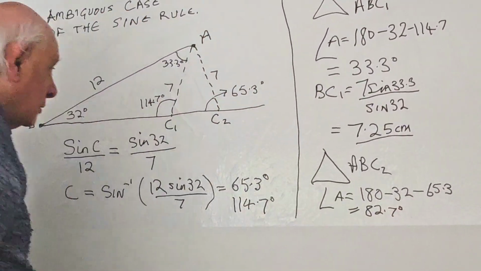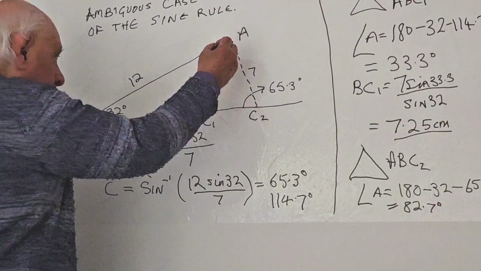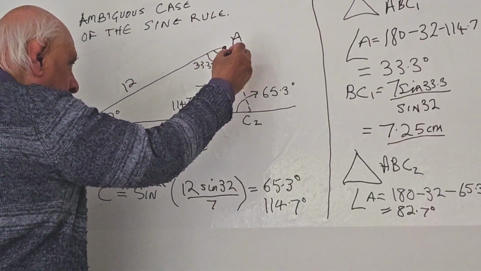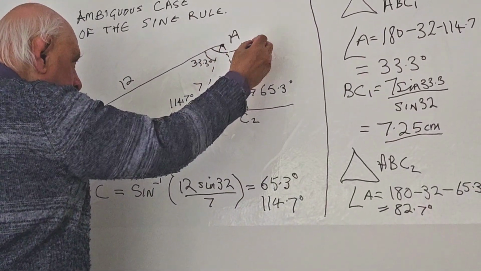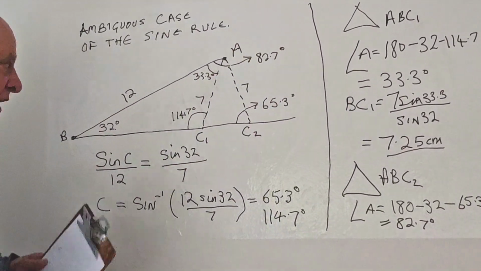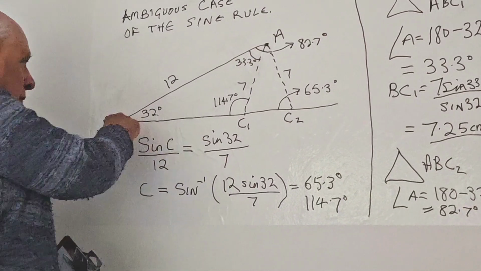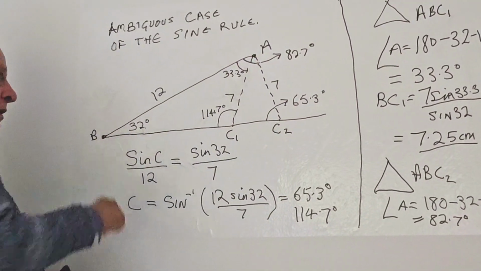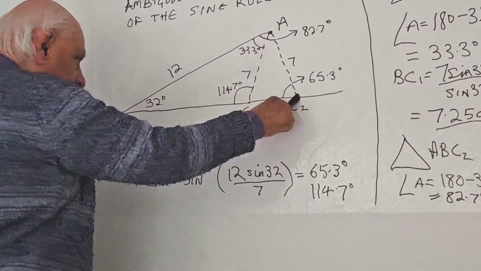So referring back to our little picture, the whole of that angle there is 82.7 degrees. Okay, so this is the triangle we're looking at, and we want to work out B to C2.